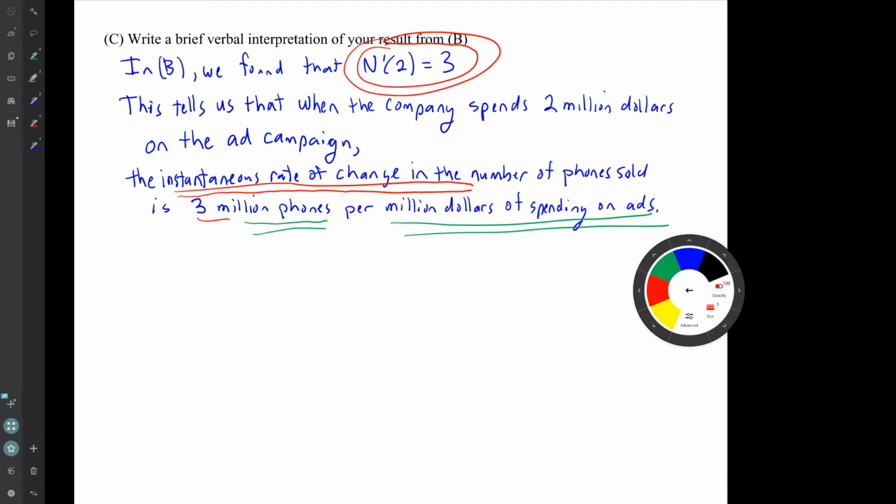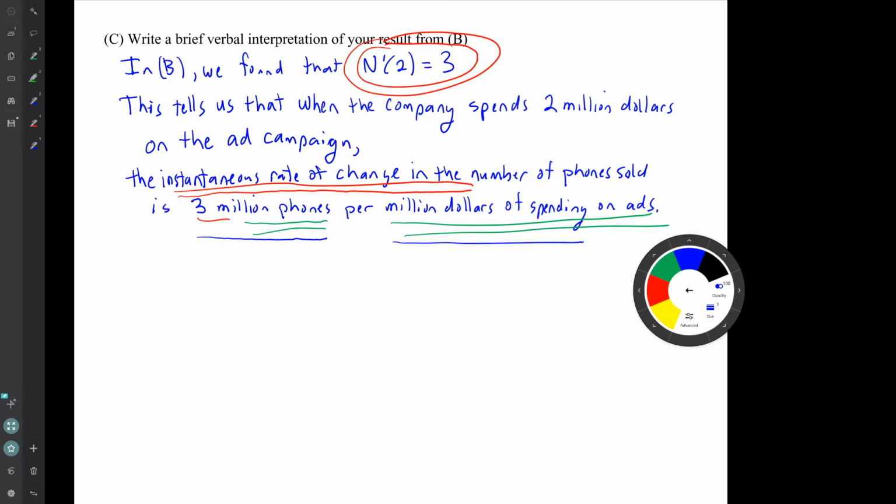Now, I don't actually find that helpful. I'd like to put this in maybe better words. What this is telling us is how much we can expect the number of phones sold to increase if we increase the number of dollars we spend on ads. So we get roughly 3 million more phones sold per $1 million of extra spending on ads.